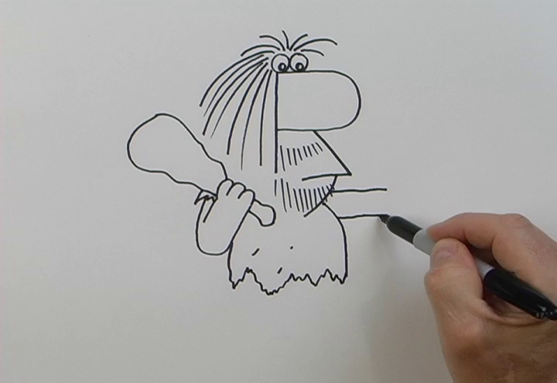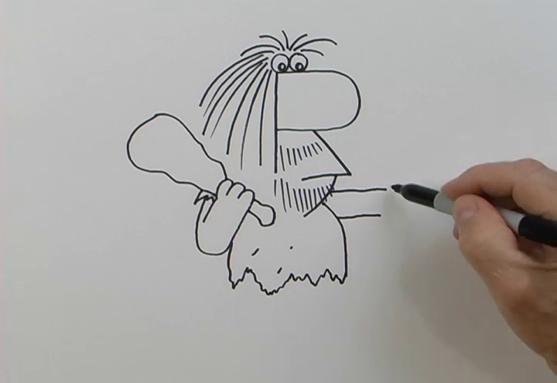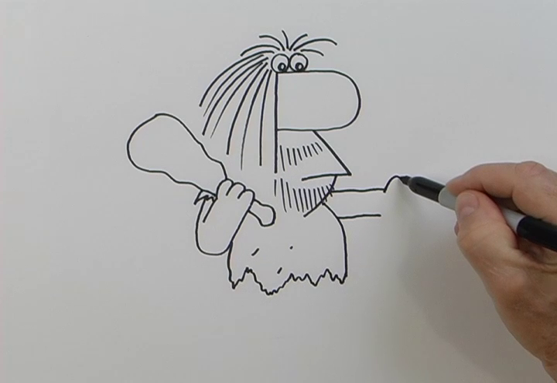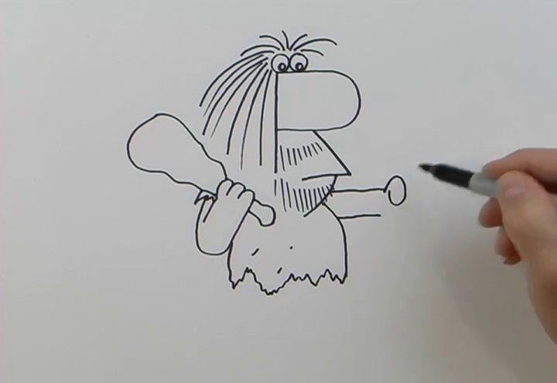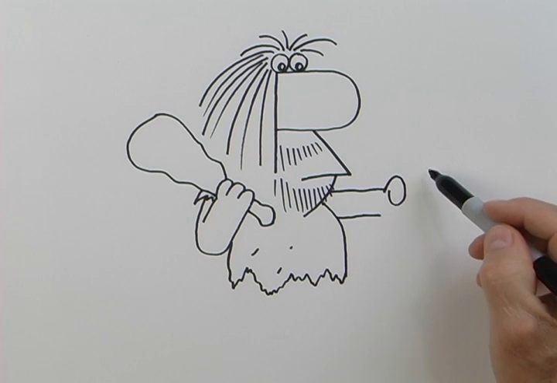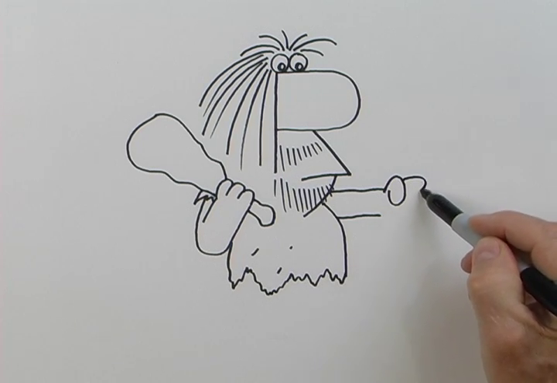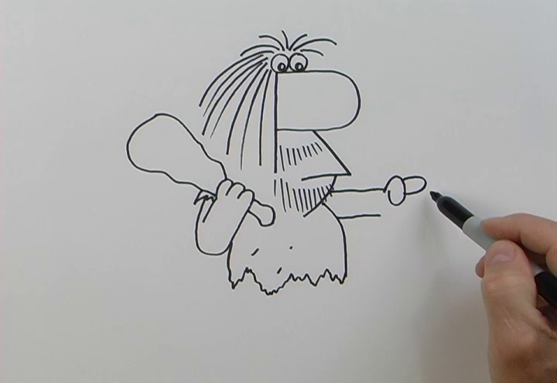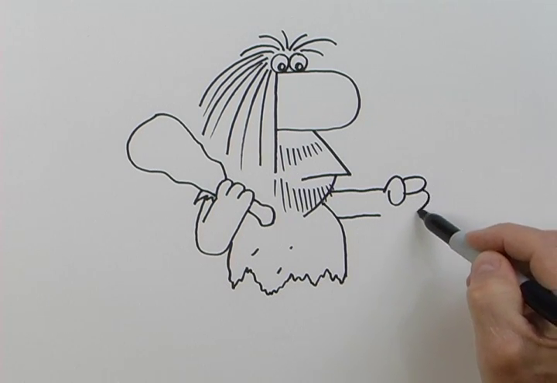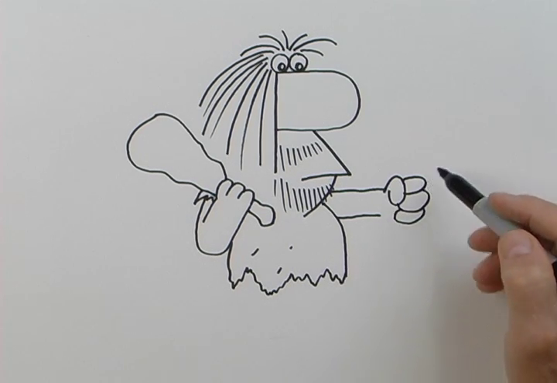Two horizontal lines for his arm. A looping line for the thumb. Bring this line around for his finger. Another curved line right there. And 1 final curved line for the other finger.